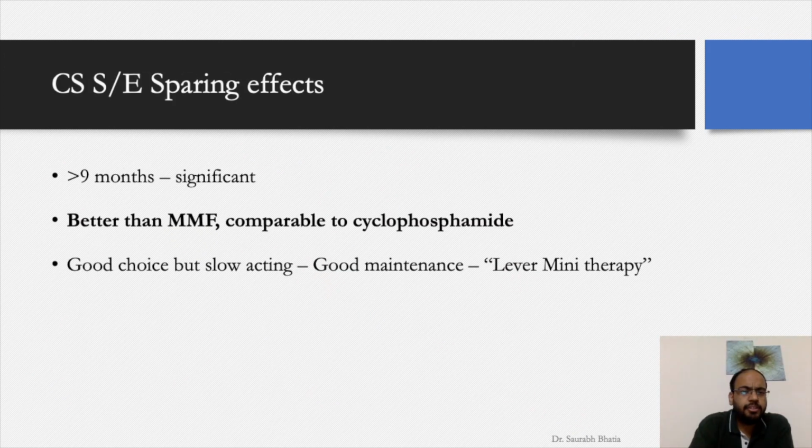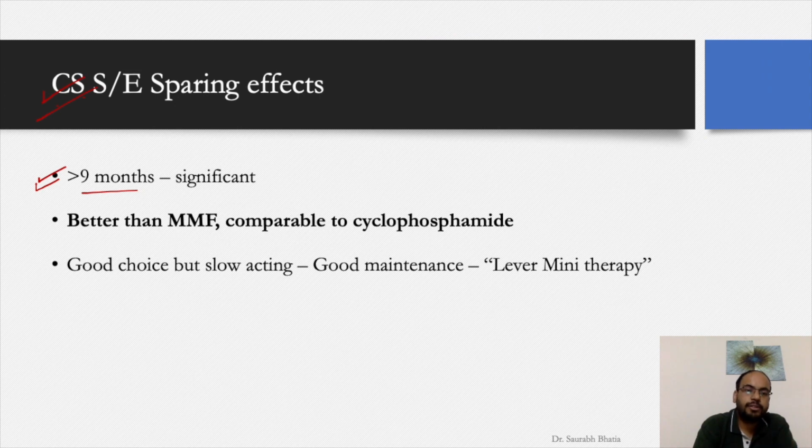Now, the major benefit of using azathioprine is its corticosteroid side effect sparing effect. That means it is a very good drug when you would want to spare the patient of all the steroid induced side effects. So it is said that when azathioprine is used for more than 9 months in a patient, compared to other immunosuppressants and corticosteroids, azathioprine has fewer side effects.